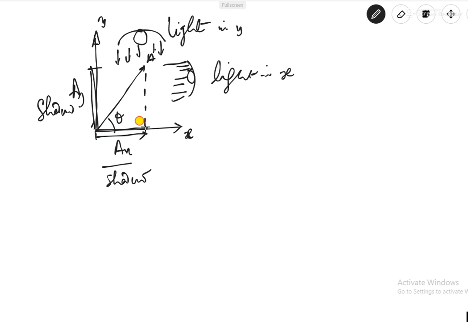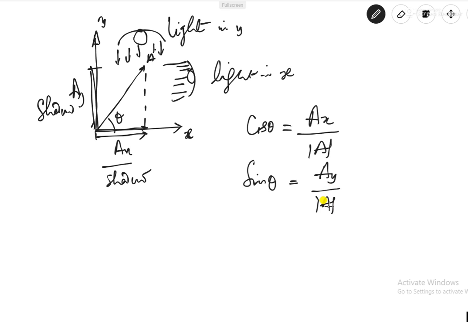This shadow of A on x is called AX, and this is its magnitude. Similarly, when you project light from this side, it casts a shadow on the y axis. If this vector makes an angle theta with respect to the x axis, we have to find AX. Here cos theta is equal to the adjacent side AX divided by the vector magnitude A. Similarly, sin theta is equal to AY by the magnitude A.